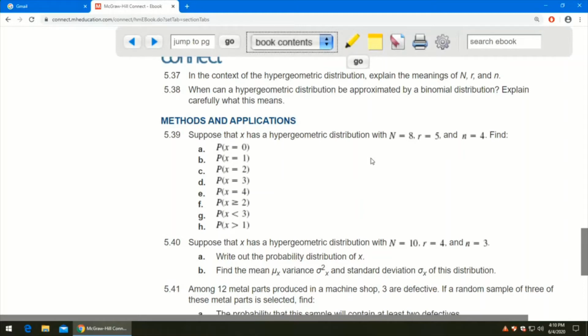I'm going to keep the formula a bit inside, because I have very small space. Now 5 factorial would be 1 factorial into 4 factorial, because now we have 5 minus 1. Now this is 3, so I'm going to write 3 factorial.